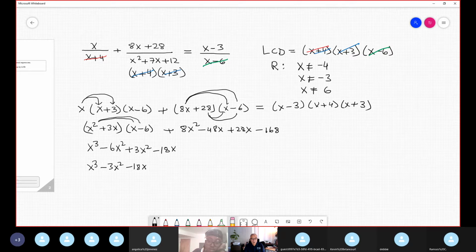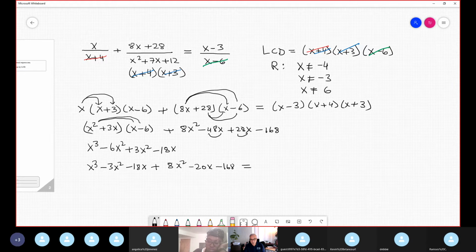And you combine later here and here. So it says plus, copy down, 8x squared minus 20x. We go 48 and 28 together. Subtraction is 20, no? Minus 168. So this is the left hand side.